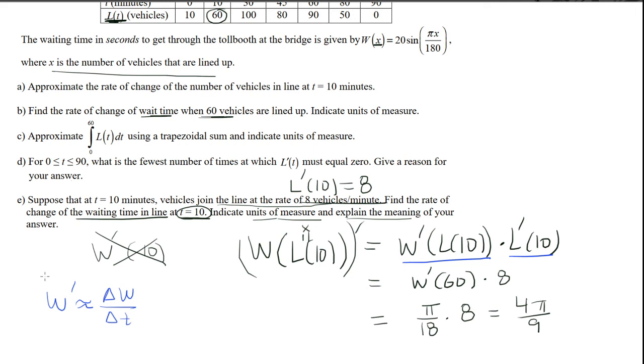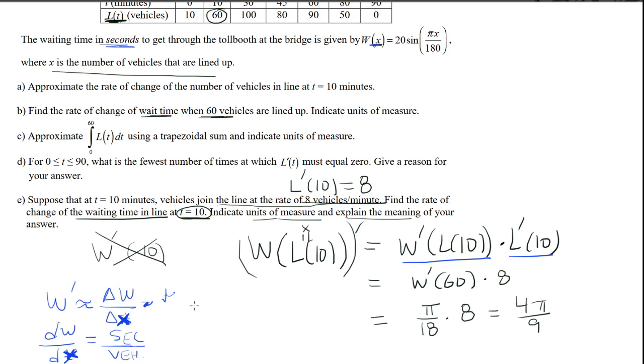I mean, it's technically, okay, so it's really dW over dx, right? W, the waiting time, is in seconds, over x, the input, which is the number of vehicles that are lined up. Okay. So it's seconds over vehicles.